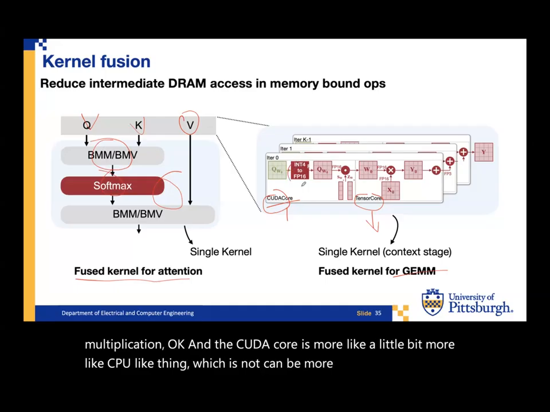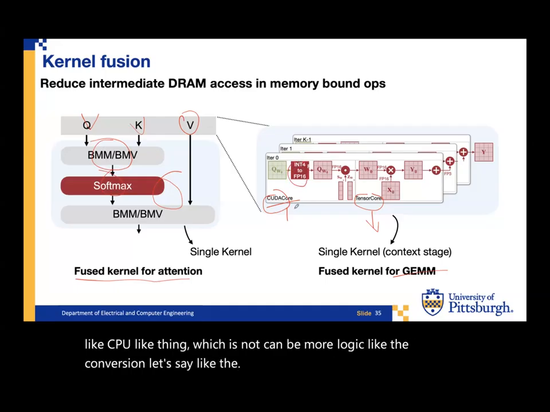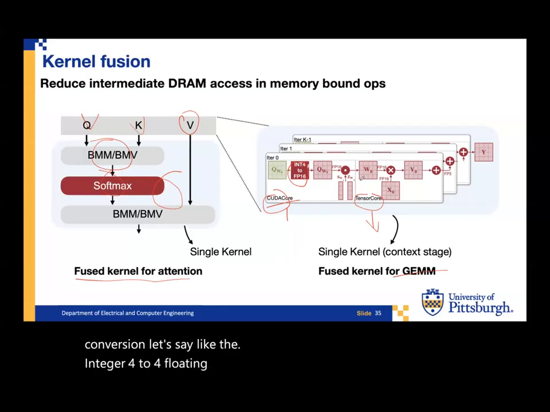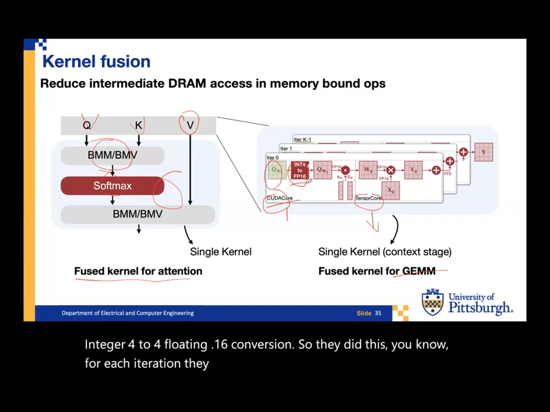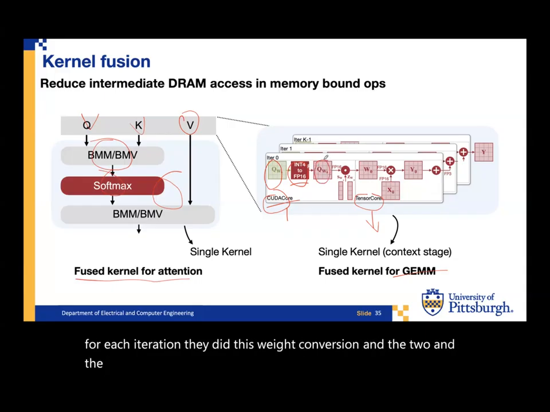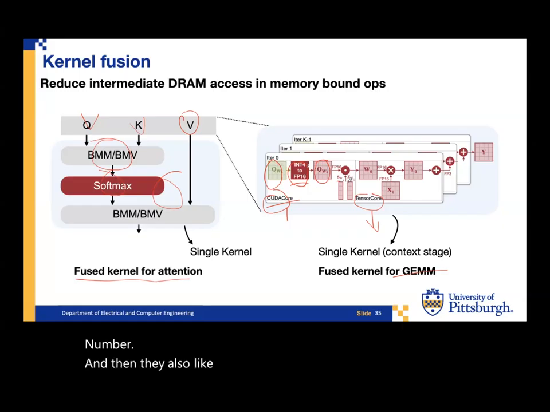Let's say the integer 4 to floating point 16 conversion. For each iteration, they did this weight conversion to the floating point number, and they also use this scale and this zero number.